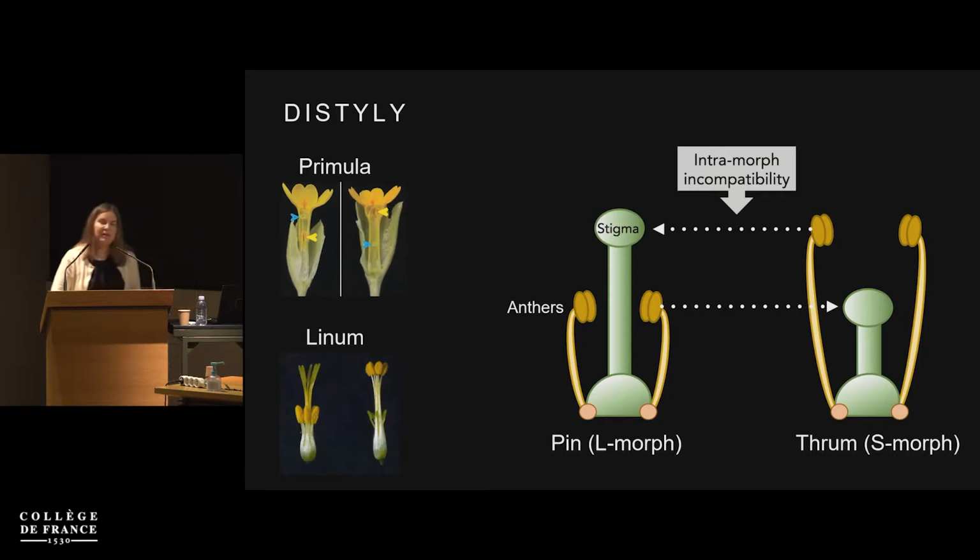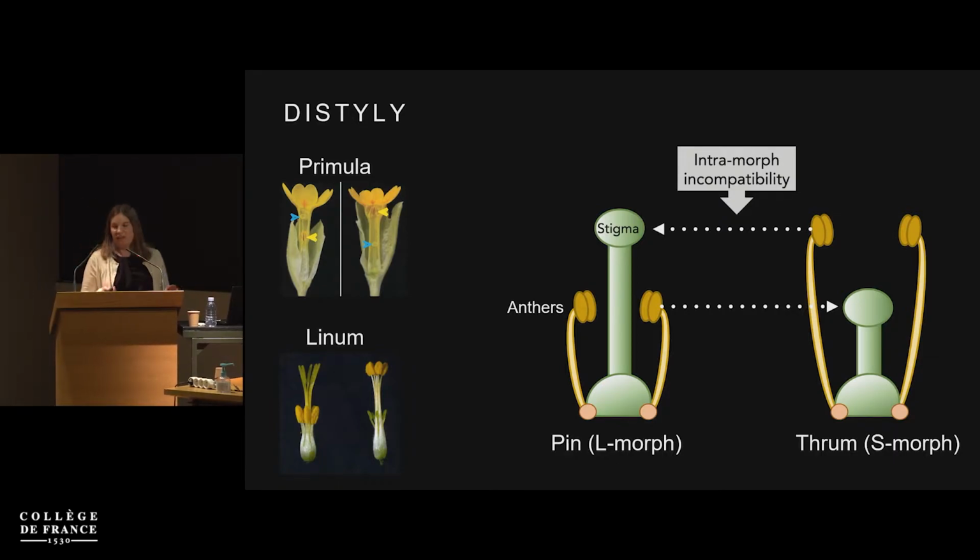So in Distyly species, individuals have 1 out of 2 different types of floral morphs that differ reciprocally in the placement of their male and female reproductive organs, their anthers and their stigmas. So pin or long-styled morphs have the stigma in a high position in the flower and the anthers in a low position, whereas thrum or short-styled morphs have the stigma in a low position and the anthers in a high position in the flower.